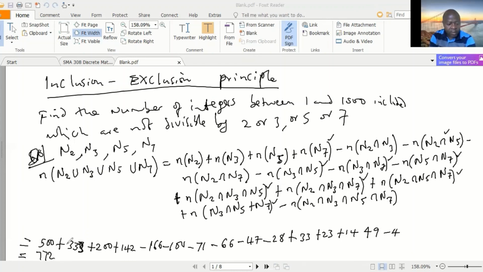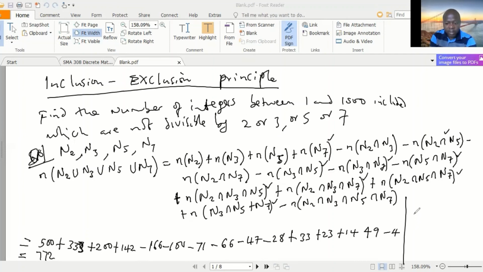So 772, these are the numbers which are divisible by 2, plus those which are divisible by 3, plus those divisible by 5, plus those divisible by 7. So the question is, how many are not divisible by any of these?